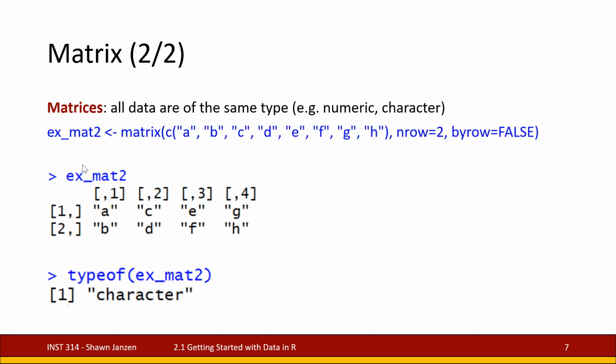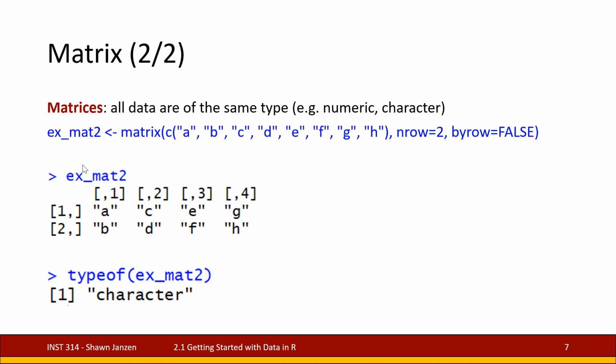Now I'm showing you another example of a matrix, where I'm storing string values, letters A through H, and I've put them into the c function there to show how they're all getting added in together. Note I've added the option byrow equals FALSE.